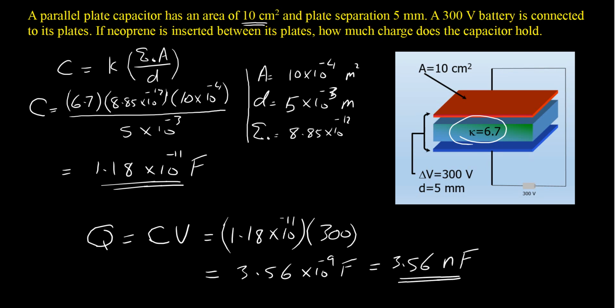And that will be the charge of this capacitor after inserting our dielectric material. Now, I'll leave that to you to confirm that the capacitance of this capacitor has been increased.